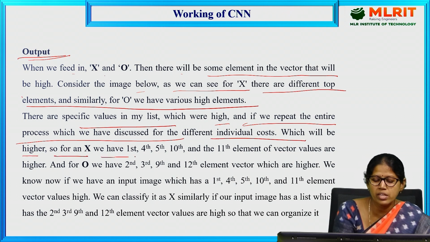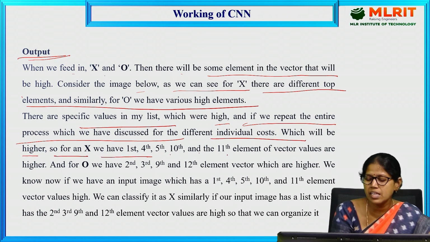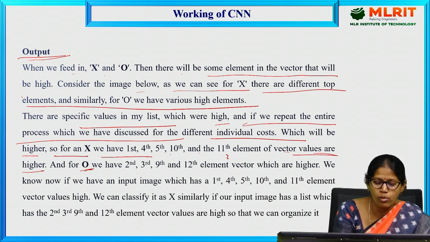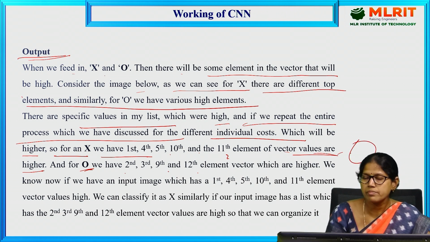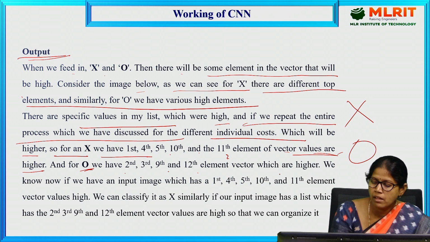For X, the 1st, 4th, 5th, 10th and 11th elements of the vector are higher. For O, the 2nd, 3rd, 9th and 12th elements are higher, which is the circular pattern.